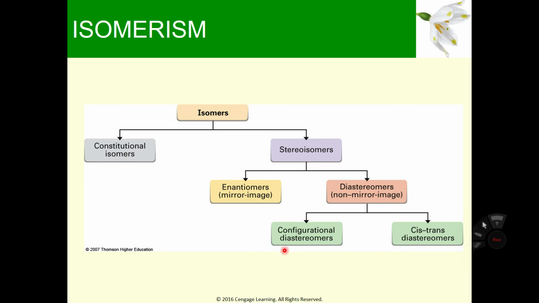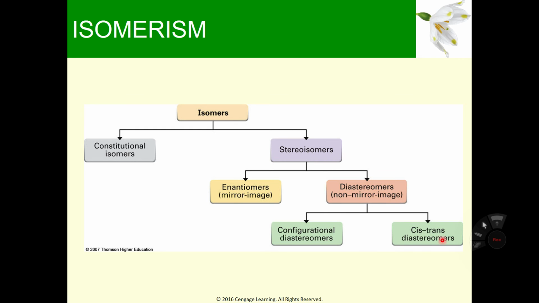This is the diagram for the classification of isomers. We classify isomers in two classes: constitutional isomers, which we just learned in the previous chapters, and stereoisomers. Stereoisomers can be divided into enantiomers and diastereomers. We learn about enantiomers in chapter 5, 6, 7, okay?